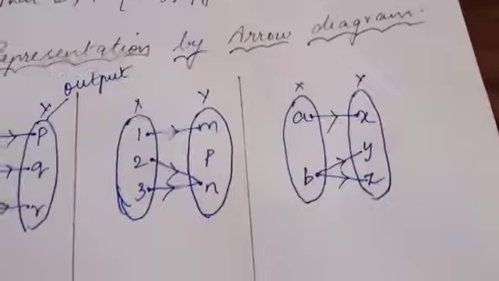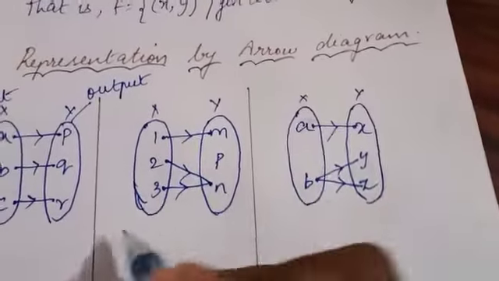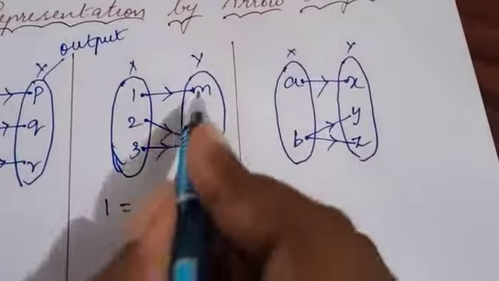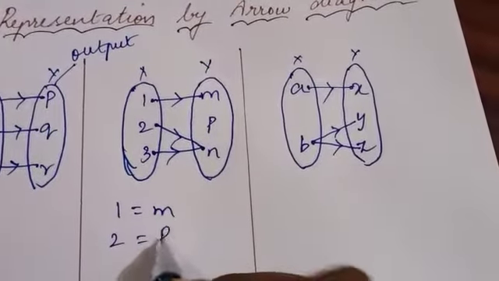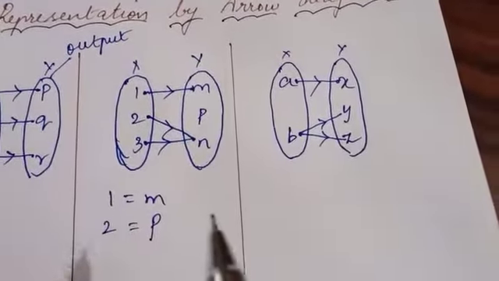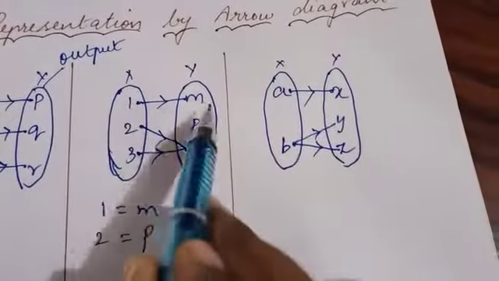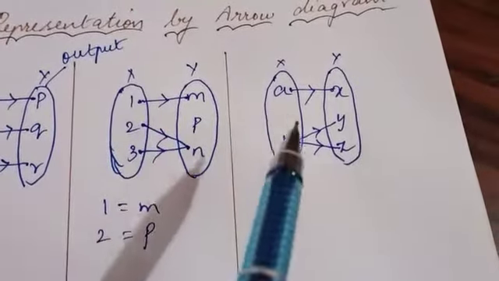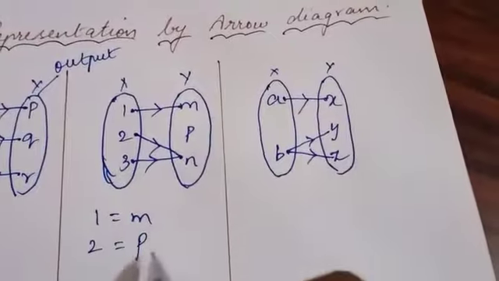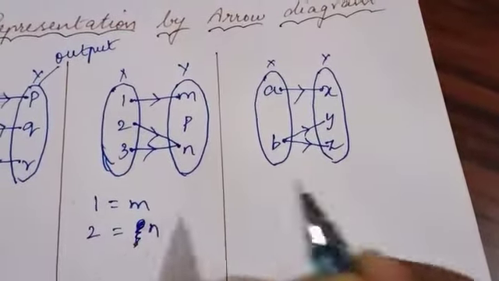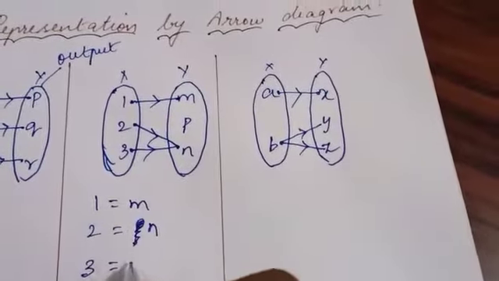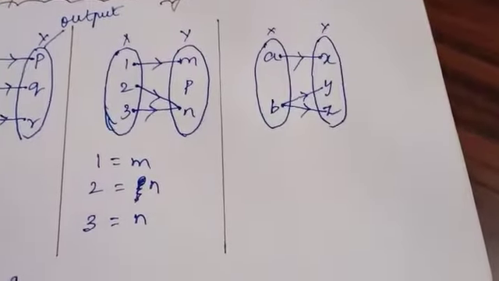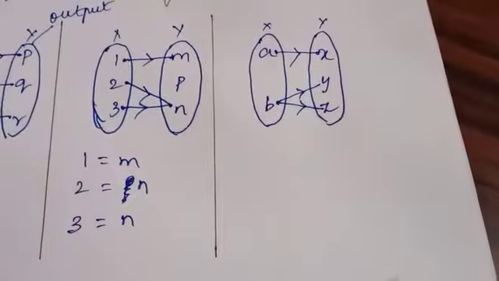Now the next one. 1 as the input goes to M, 2 goes to M, and 3 goes to N. Now tell me whether this represents a function.